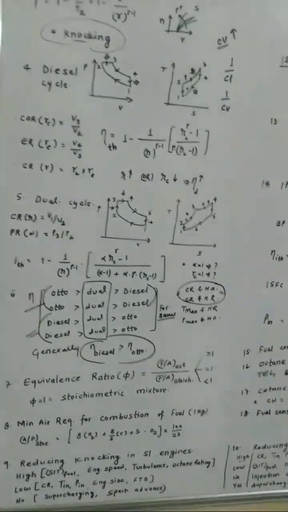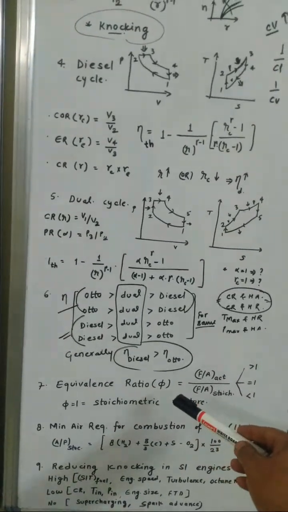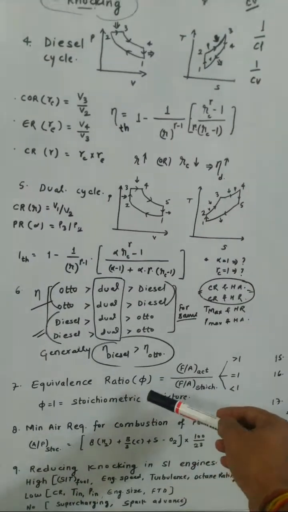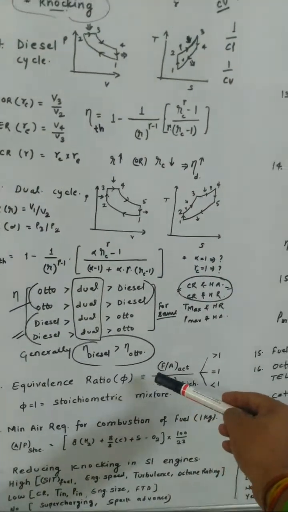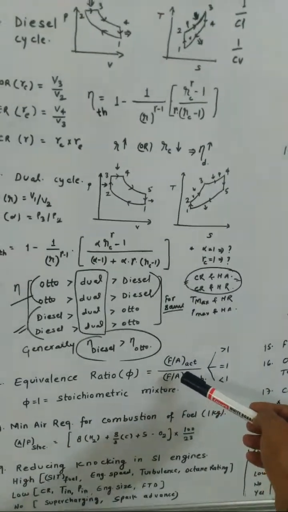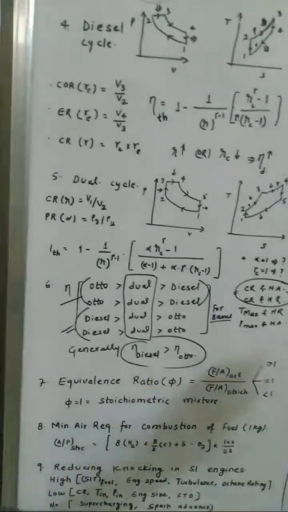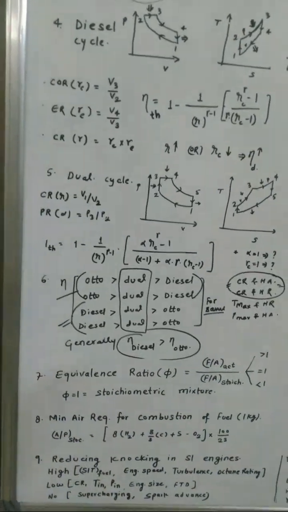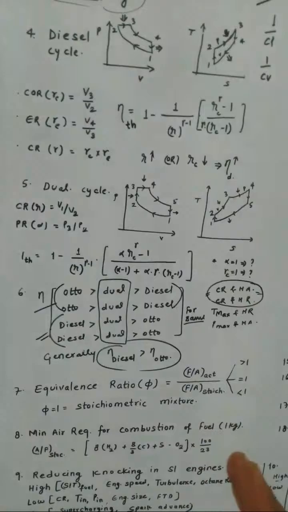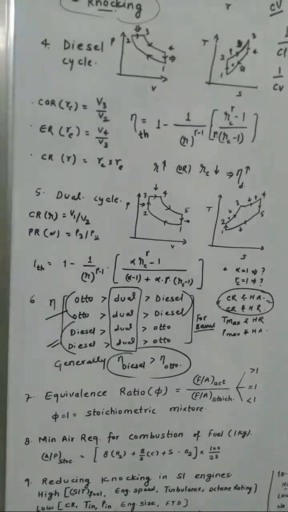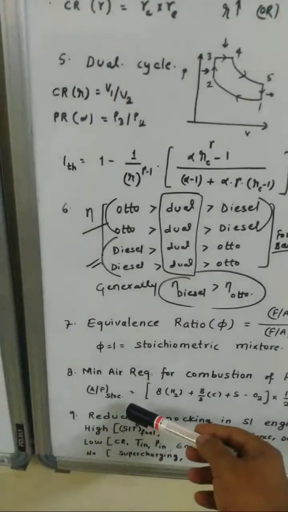Next is the equivalence ratio, denoted by phi. What is the equivalence ratio? Here we have to be careful about one thing. In most IC engine discussions, we always see the air to fuel ratio. You will see many times I have written air to fuel ratio.